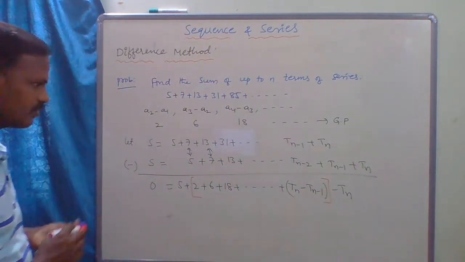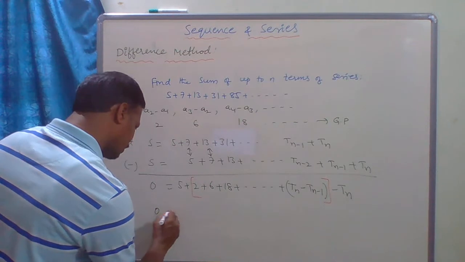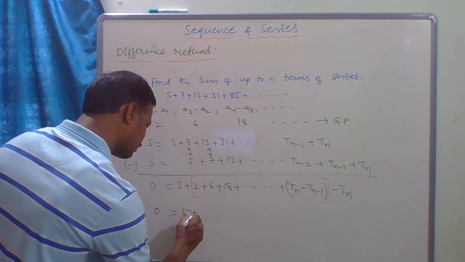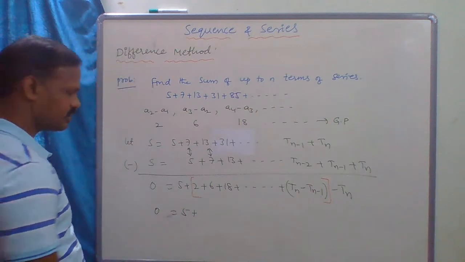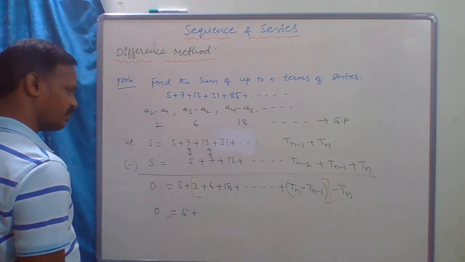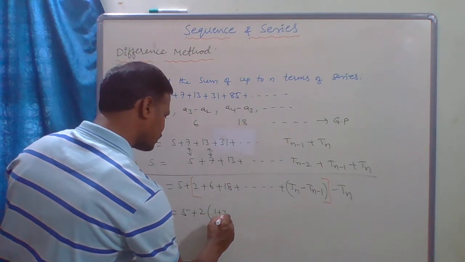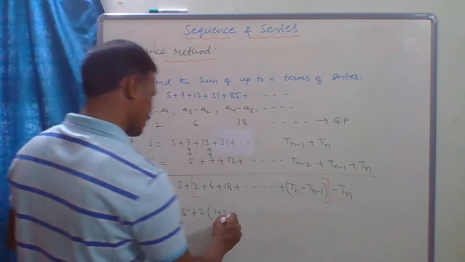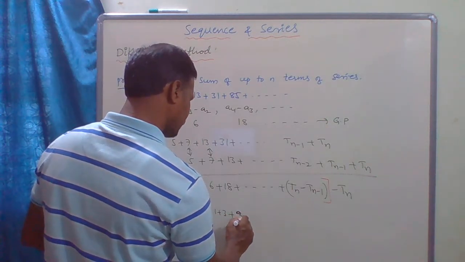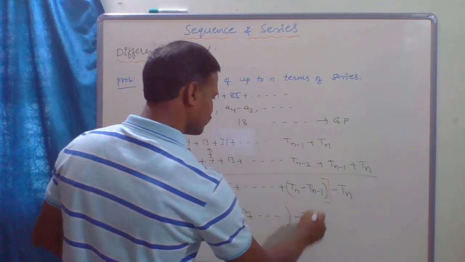So, from these terms in the bracket, this equals 0, equal to 5 plus. So this is in GP. So I will write this as 2 into 1 plus 3 plus 9, 9 means 3 square, plus so on, minus Tn.